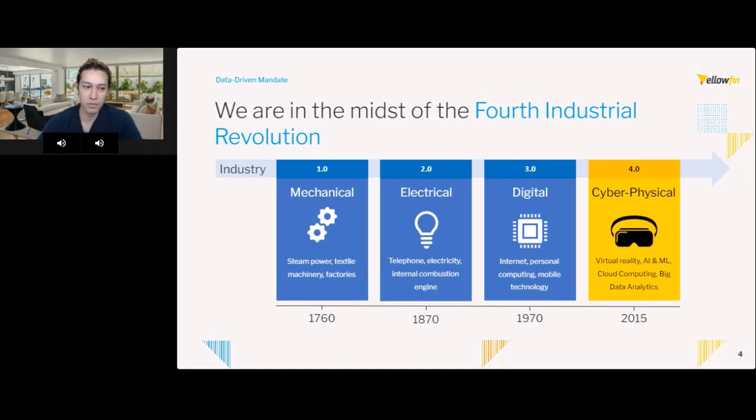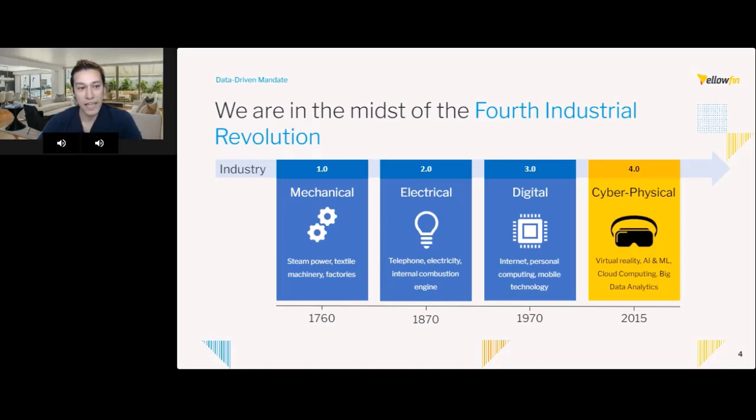So around 1760 or so, the advent of steam engines and textile manufacturing really helped to move the economy from more of a manual labor economy to mechanized labor. So cities began to crop up, economies began to explode, entire economies were built around this industrial revolution, the first industrial revolution.